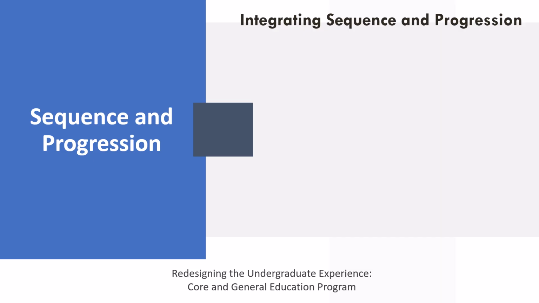Thus, to create a curriculum that helps students build upon their prior learning and develops higher levels of cognitive, affective, and psychomotor development, designers must first start with why and agree upon the purpose and rationale of the core and general education program.